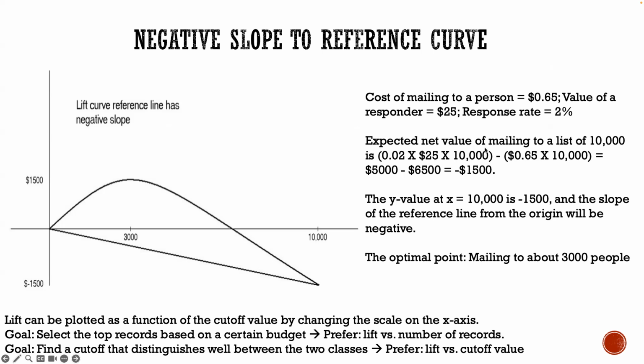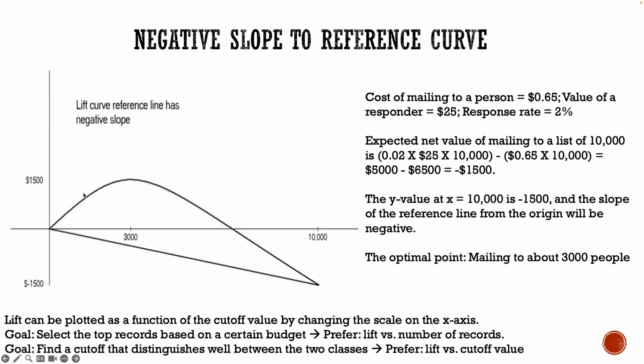That's the revenue we're getting. Minus the cost of sending to 10,000, which is 65 cents multiplied by 10,000. So total cost that we incurred here is minus 1,500. So expected net value of mailing to a list of 10,000 people is minus 1,500. So that's the straight line going from 0 to minus 1,500. So that's this reference point, right? This line.